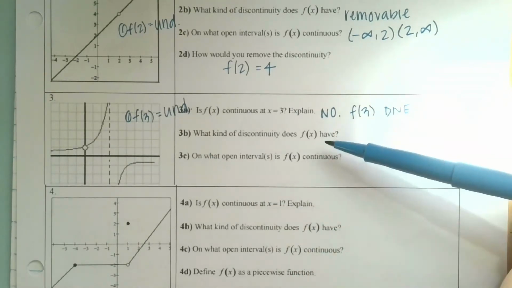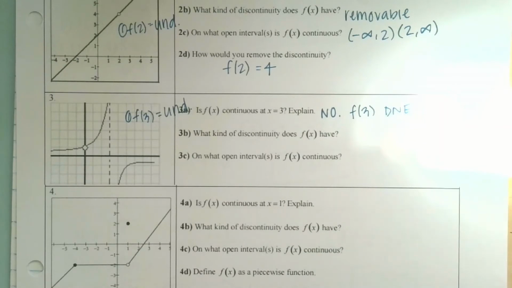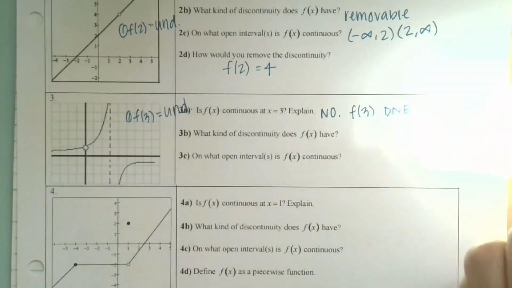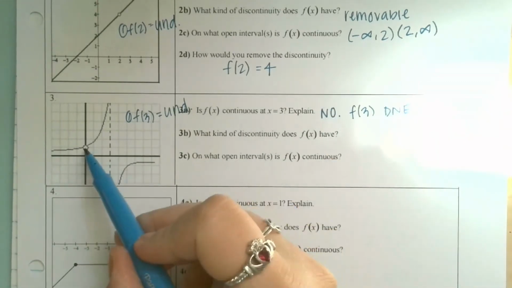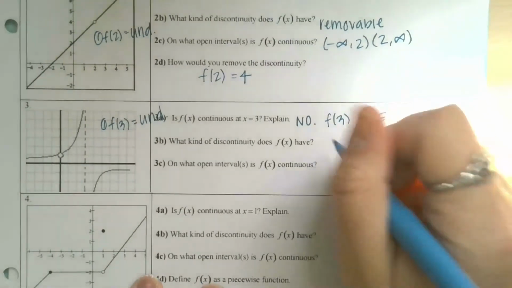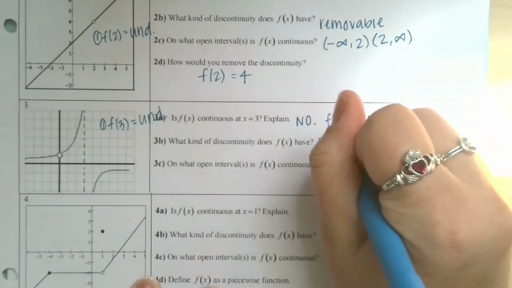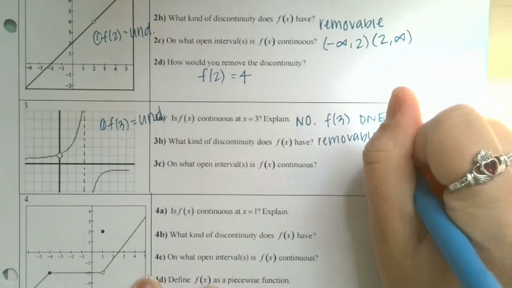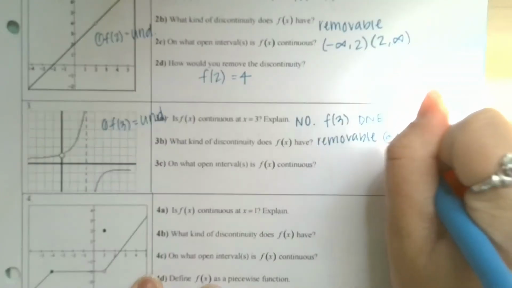So now we can go ahead and identify the types of discontinuity. There are actually 2 on this one. The first one that we see is this hole, right? So we have a removable discontinuity at x equals 0.